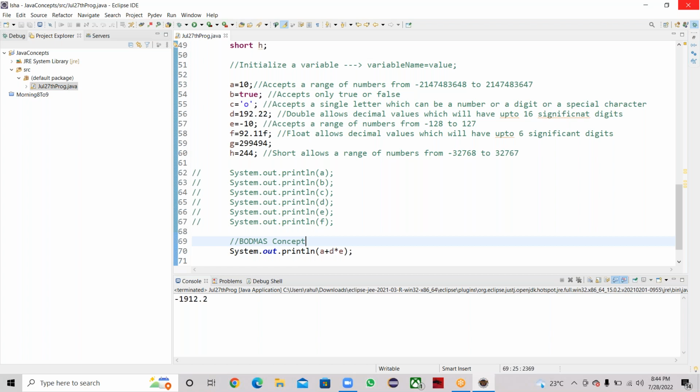We multiply 192.2 into minus 10, then we add 10. What is D into E? Minus 1922.2, right? Yes or no? Then add the number 10. Okay, got it. Ruchika, is it clear now for you? Your answer was wrong, that's why. Yeah, okay, understood.